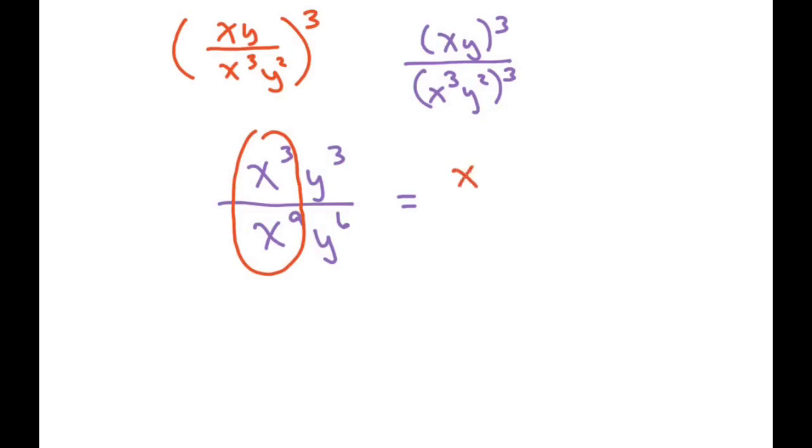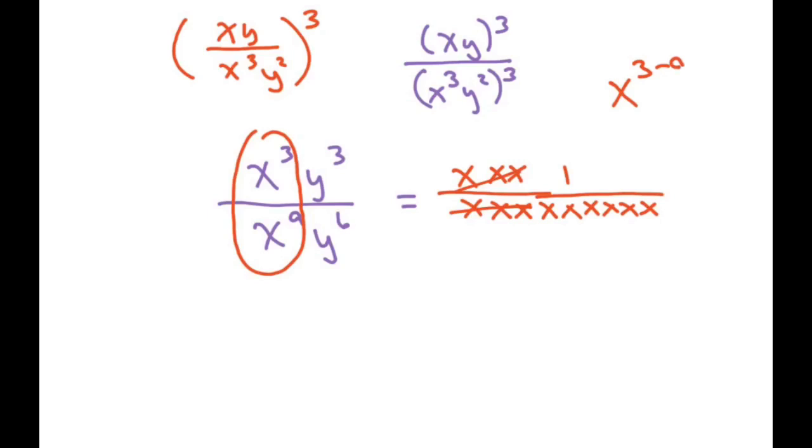Basically you have 3 x's on top and 9 on the bottom. So that gets rid of that, and you have 1 over x to the 6th. Or you could have done x to the 3 minus 9. That's x to the negative 6. Then you have to write it as 1 over x to the 6th, which is what we have here.